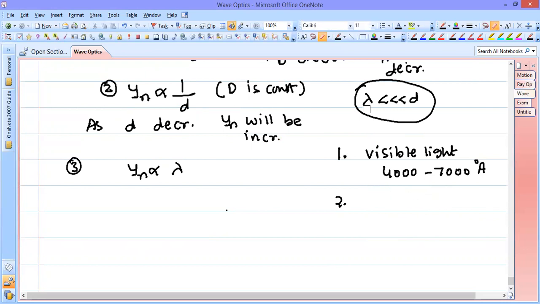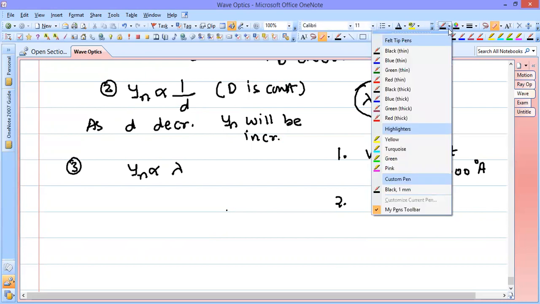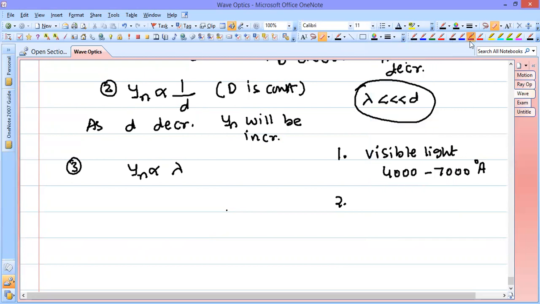So in order to have this, I'll consider, suppose, X-rays. It is in the order of 10 power minus 9 meter.